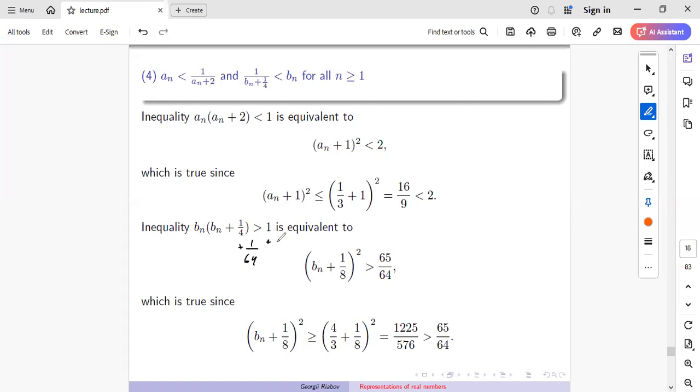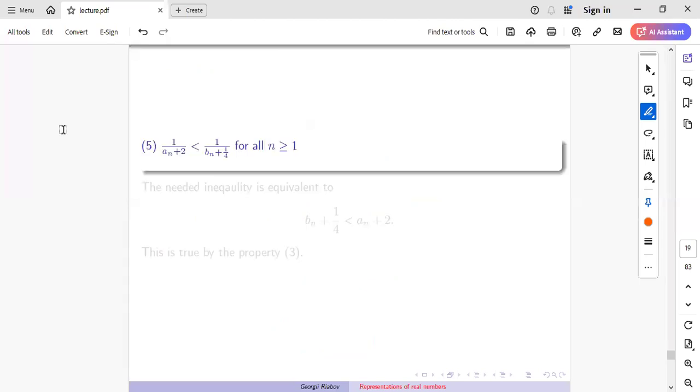So we also need to add here 1/64. Again, this is true because Bn is bigger than B1, and you can compute this number, and it is indeed bigger than 65/64. Good. One more property is 1/(An plus 2) is less than 1/(Bn plus 1/4). But this is true because An is bigger than 1/4 and Bn is less than 2.